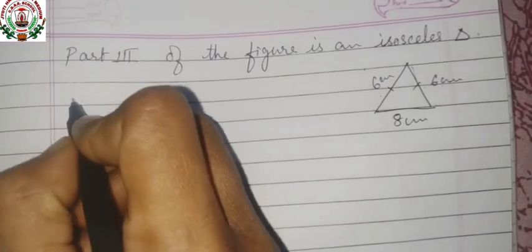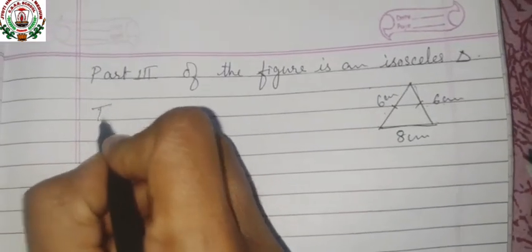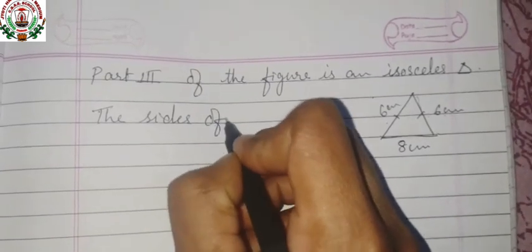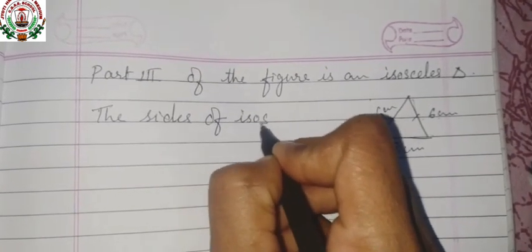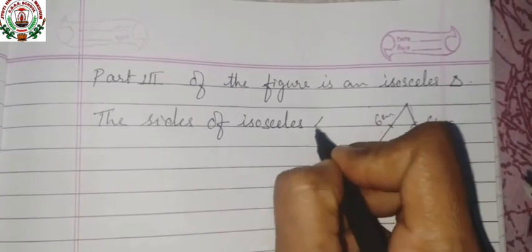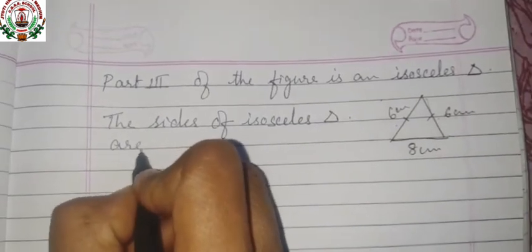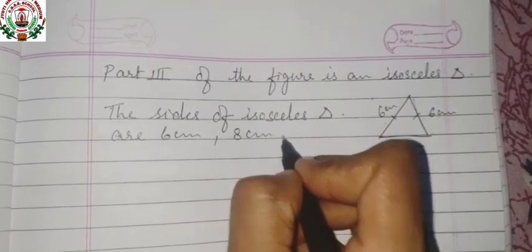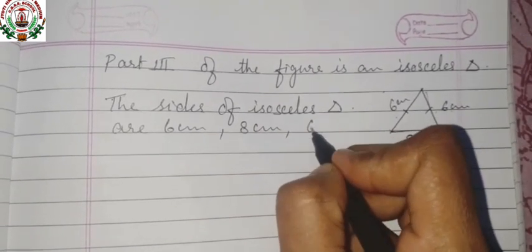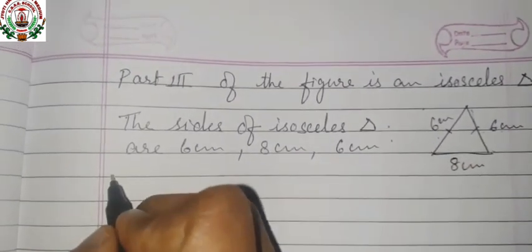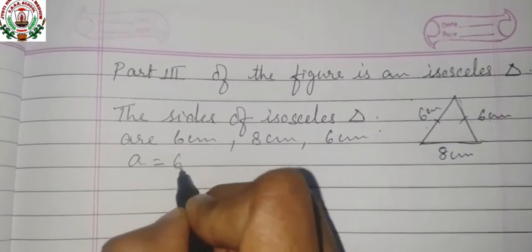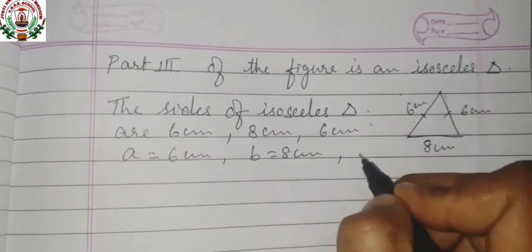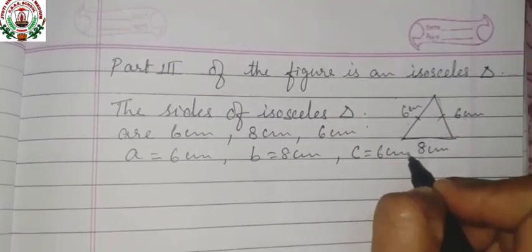Okay, so the sides of the isosceles triangle are 6 centimeter, 8 centimeter and 6 centimeter again. That is A equals 6 centimeter, B equals 8 centimeter and C equals 6 centimeter.